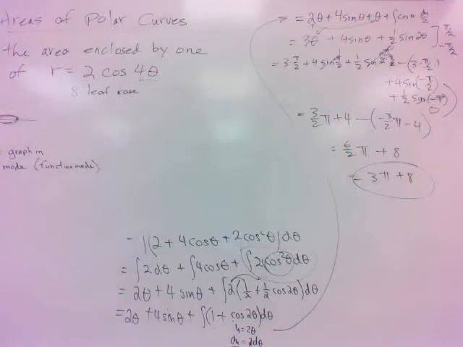So let's change my mode back to function. And then all I'm going to do is put in y equals 2 cosine 4x. And if you know how to graph that by hand, then by all means do that. But that calculator can help you out. All right, so here's what it looks like.